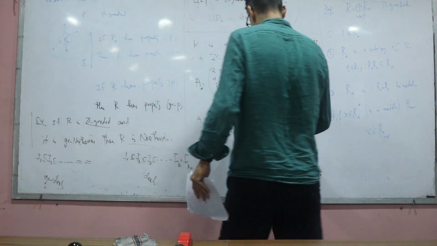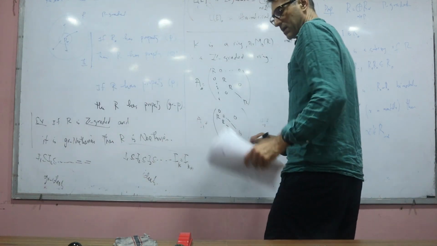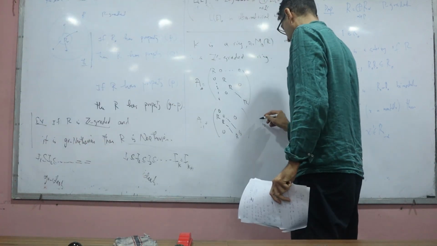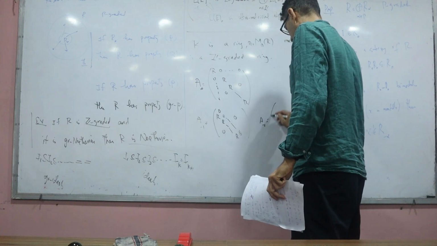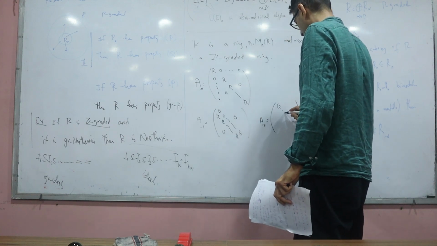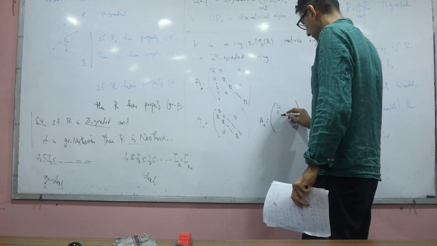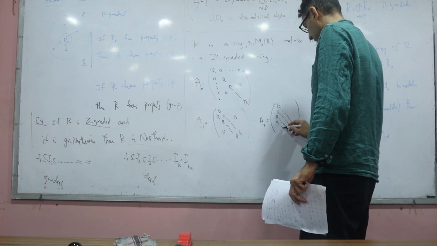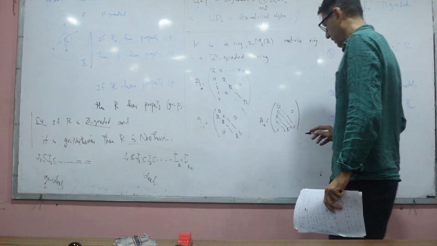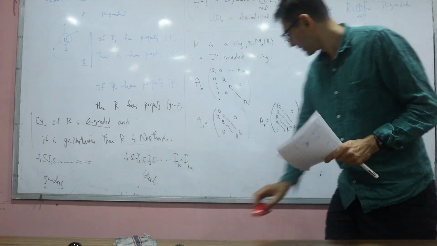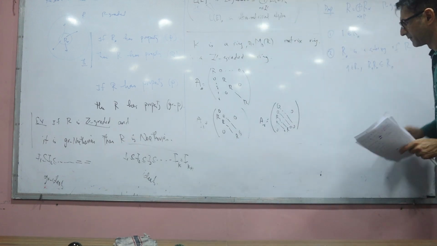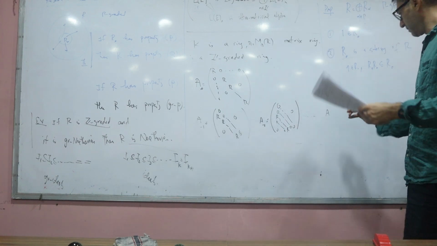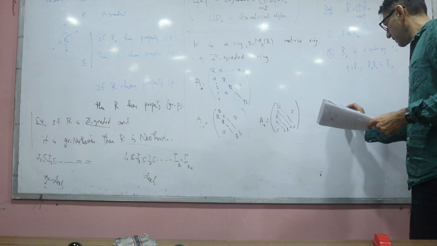Now I have to give you A negative 2. Here is A negative 2: 0 on the diagonal, 0 below the diagonal, and just put R here, and everywhere else 0. I think you got the idea how I'm going further. Let me make sure I don't mess up the indices.